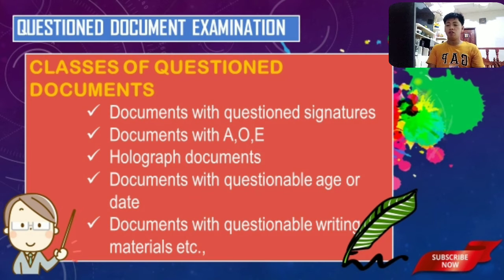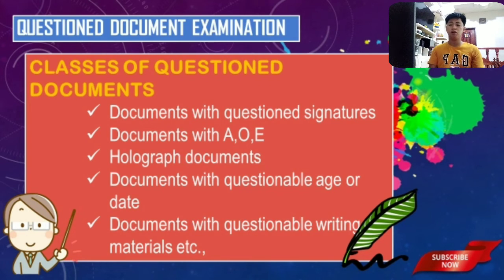Now, we also have yung tinatawag na documents with questioned alteration, obliteration, or erasure. So, sa mga legal documents, once there is alteration, ibig sabihin may binago doon sa content or part ng document na yan, that definitely deserves to be questioned. For example, nagpapakita ka sa akin ng deed of sale natin.